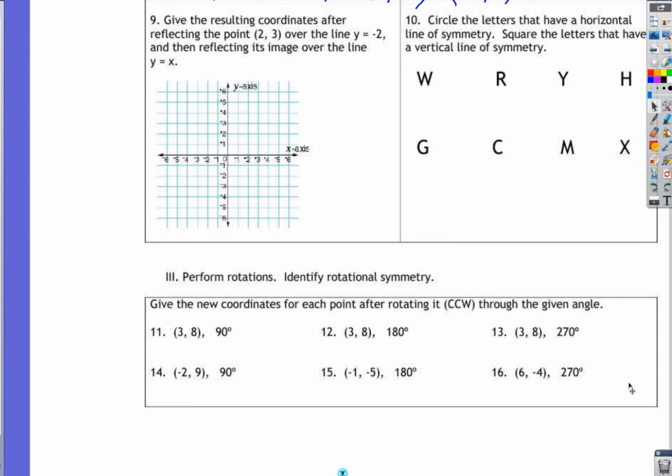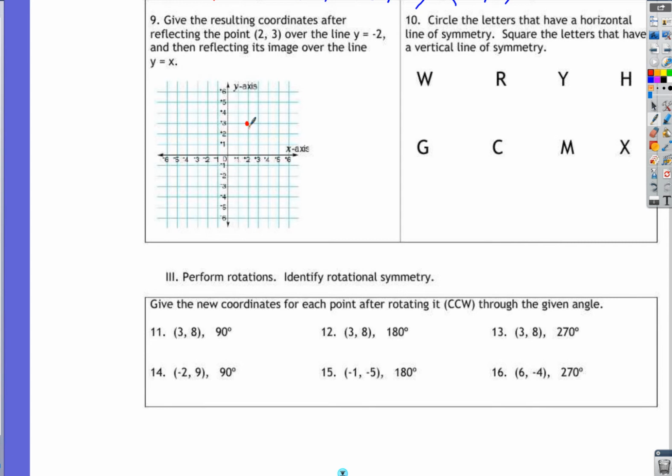Number 9, give the resulting coordinates after reflecting the point 2, 3 over the line y equals -2. Let's do red for my first one. Here's my point. Everyone agree that's where my point's going to be?